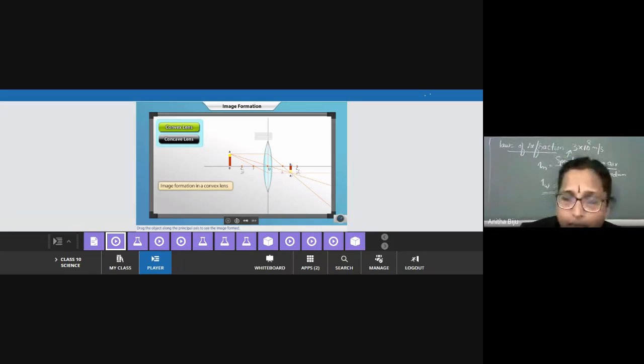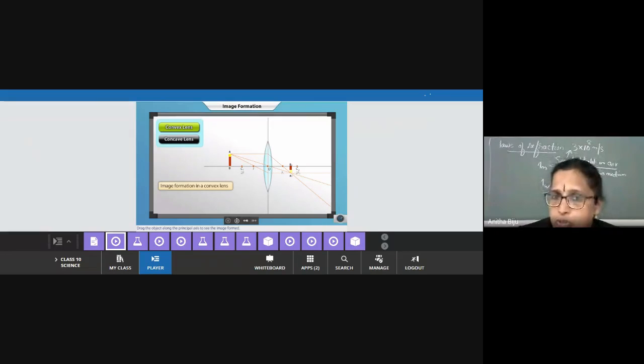After that, you can draw the diagram. These diagrams are all there in the book. But without understanding the image formation principle, maybe you can't draw the diagram. So this is the first position. You simply write the position of the object and the nature and position of the image.